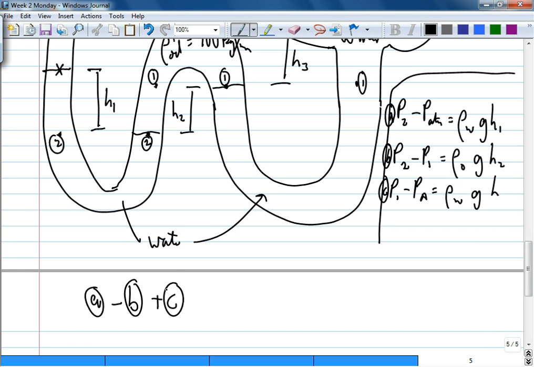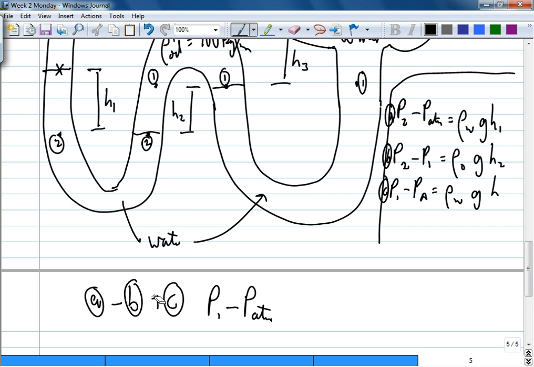Okay, A minus B is what? P2 minus P2 gone, minus P atmosphere, minus P1. So I get P1 minus P atmosphere.